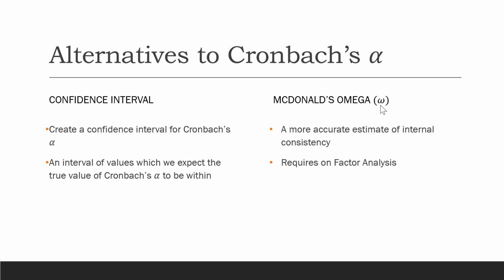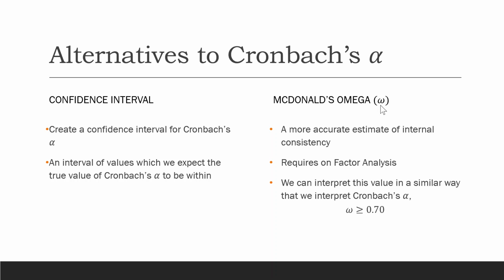It's calculated using factor analysis. Factor analysis is a multivariate statistical method and framework that is beyond the scope of this course, but it has some different methods of calculating how internally consistent those items are, which makes it a little more accurate.